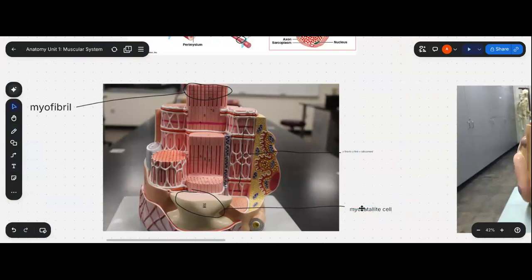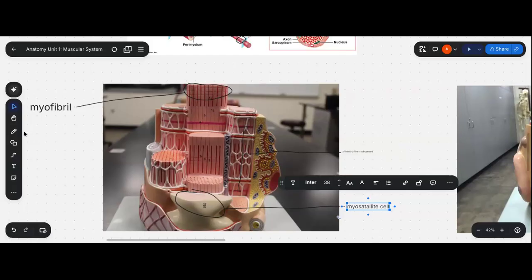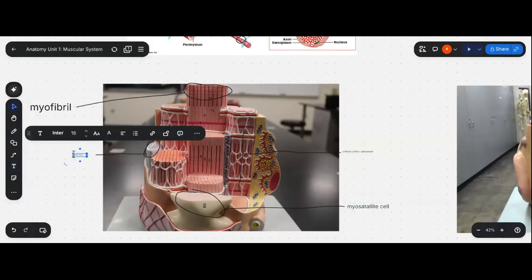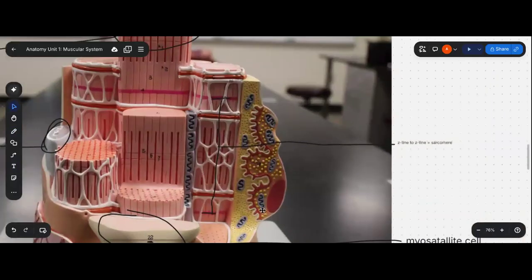Now on the side, this purple structure over here is going to be your nucleus. So the muscle fiber does have a nucleus in order to code for all of the instructions. Then this side piece over here, that is your neuromuscular junction.